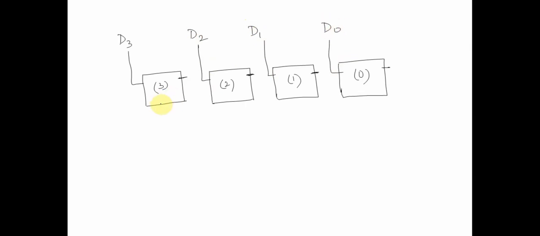And then we have a set of reset pins everywhere. This is reset. These are connected to clear bar. We already spoke that we have a clear signal. We have clock inputs for all of these, which are connected to the same clock CLK.